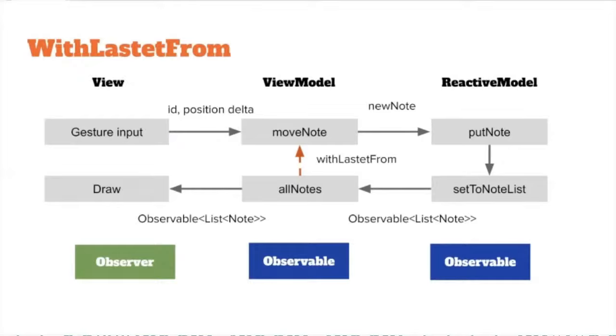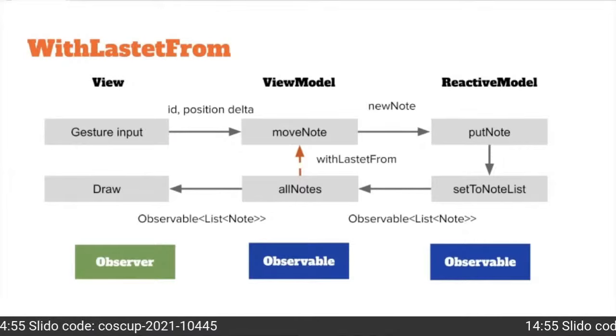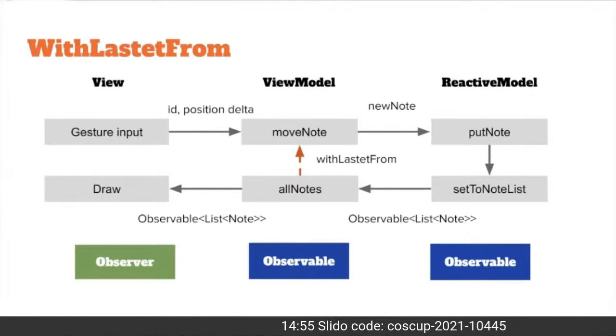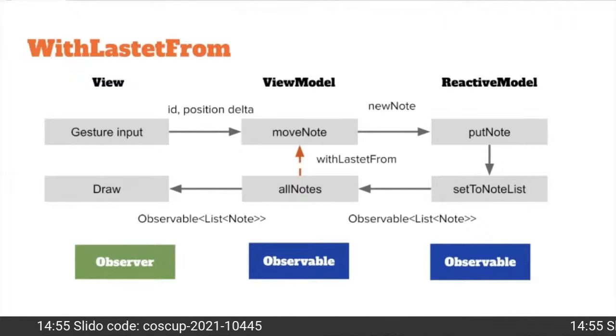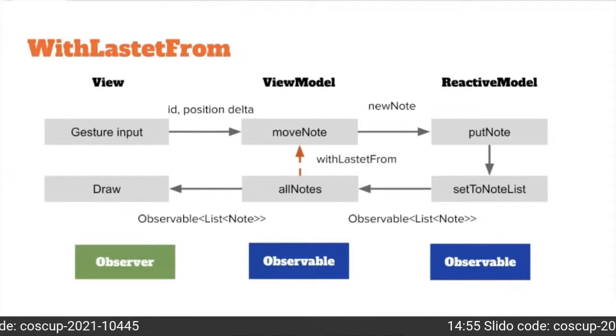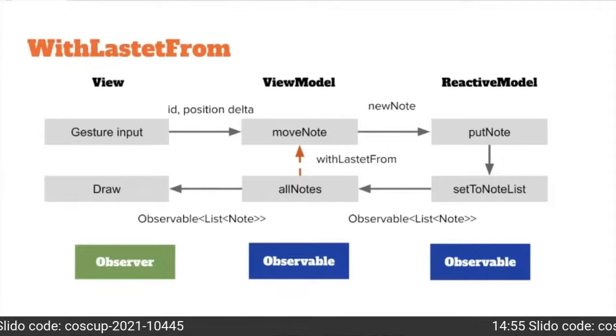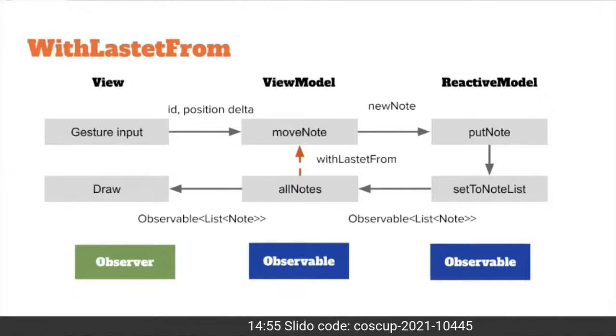So whenever a position delta updates, we only get one value from the all nodes observable by using the operator withLatestFrom and get a new node. But if we don't use withLatestFrom and use something like combineLatest, this operator will produce 2 or 3 or more new nodes, which will introduce bugs to this app, which we don't want to see.